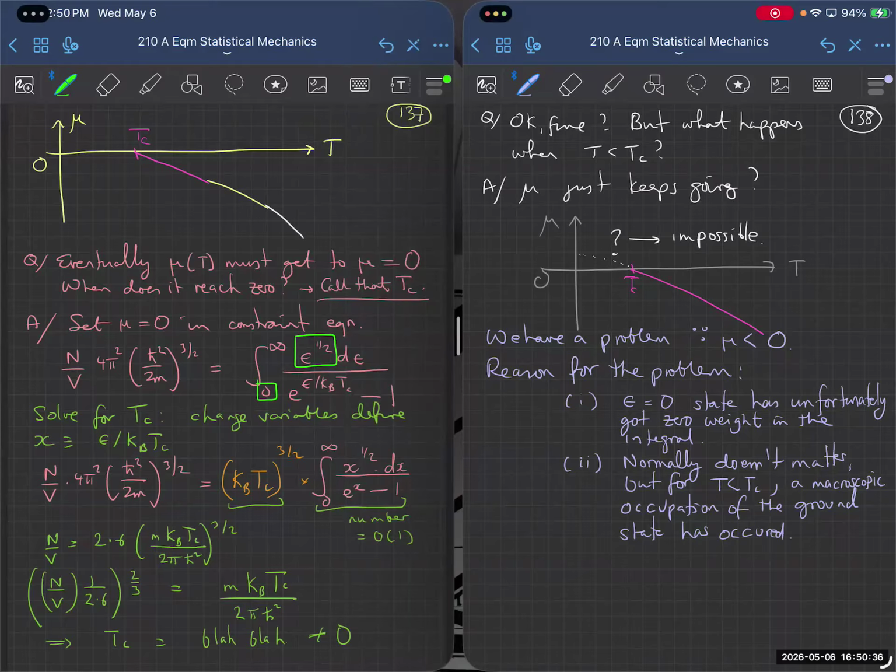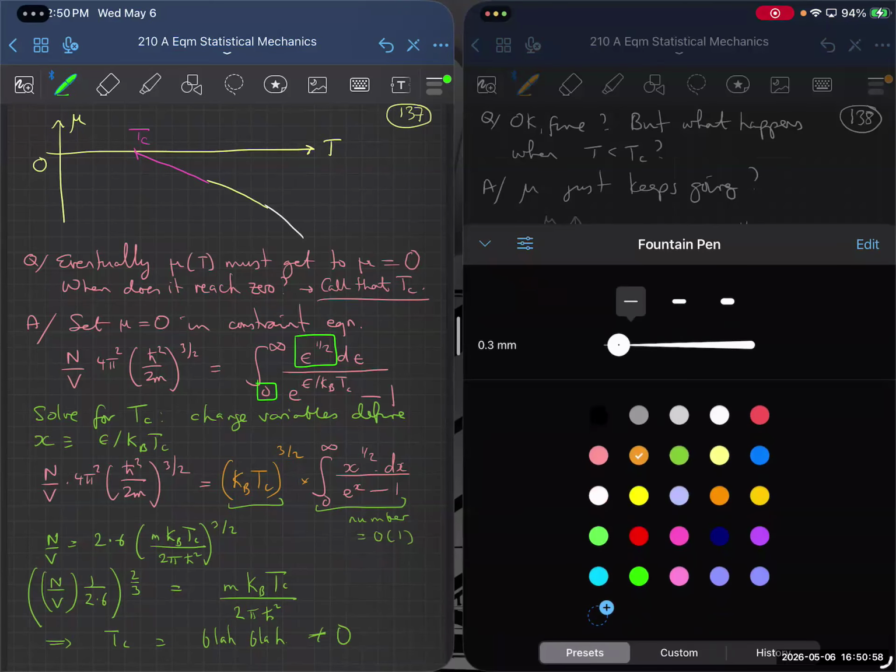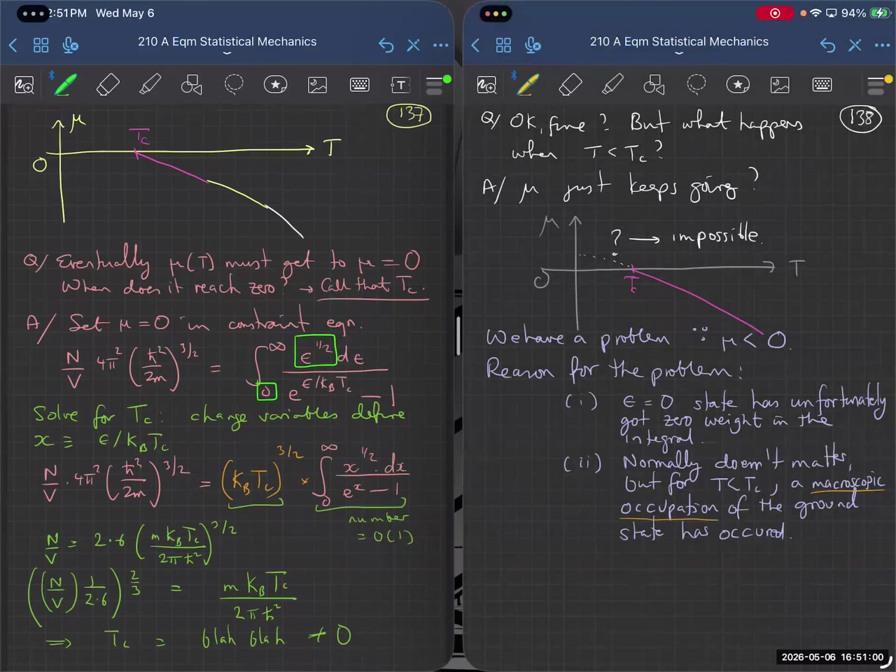So there's two things here, and they're logically different, and they need to be discussed separately. I want to particularly talk about what I mean by macroscopic occupation, and then I also want to explain how to fix problem number 1. So problem number 1, in fact, is very easy to address. We can solve problem 1 quite easily.